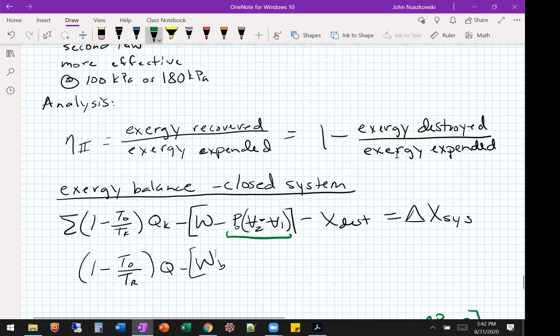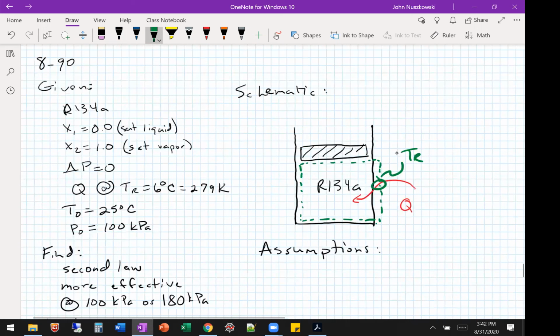And since we have boundary work, this piston's moving. We said the volume's increasing, so this piston's going to move up, right? Are we doing work on the surroundings then?